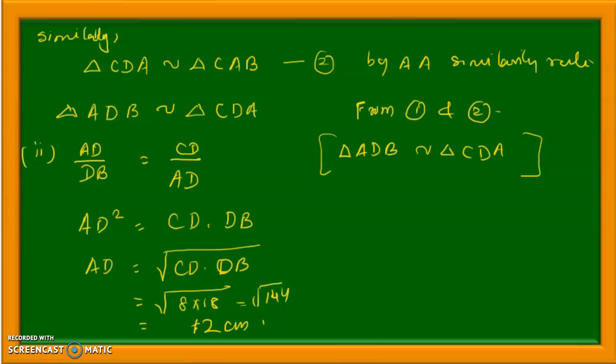So AD we got 12 centimeter, and one more thing is there, areas. We know the theorem: the ratio of areas of similar triangles, area of triangle ADB by area of triangle CDA, is the square of the ratio of their corresponding sides, AD by CD, the whole square.